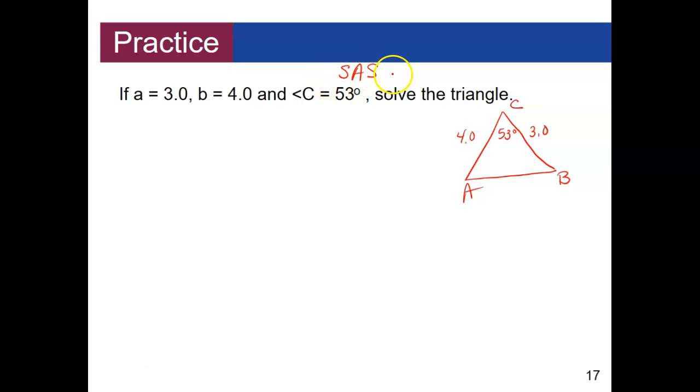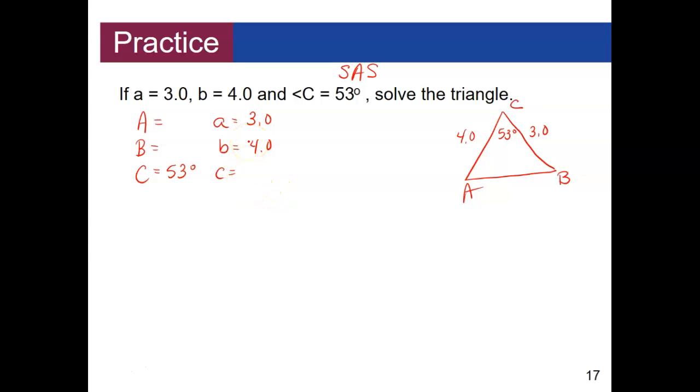So we have the side angle side case, and like I said, I always like to organize myself here so that I can keep track of what I have and what I'm looking for. So on this one, I have side A, I have side B, and I have angle C. So you can see from this that clearly law of sines would not be a candidate because I don't have both pieces of information for any of the letters.